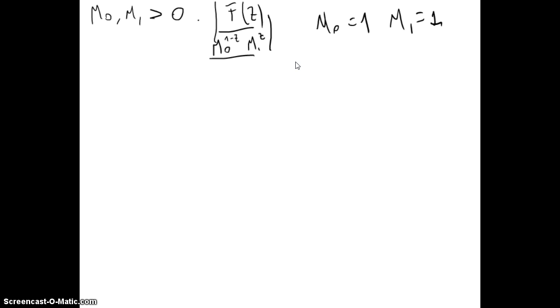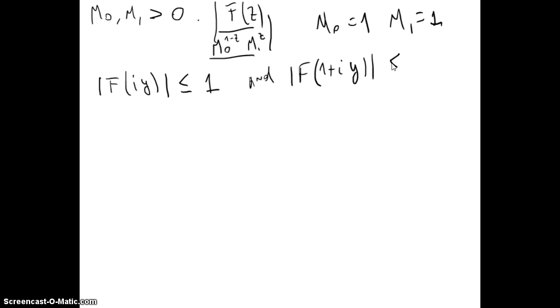So we will have now that the absolute value of f(iy) is less than or equal to 1, and the absolute value of f(1 plus iy) is less than or equal to 1 for any y real.